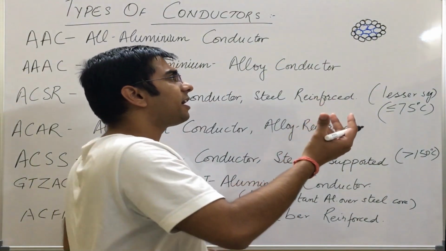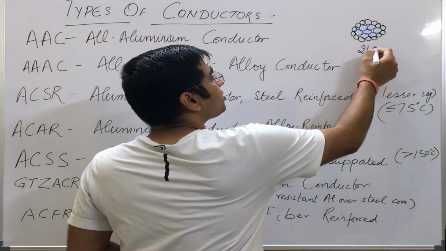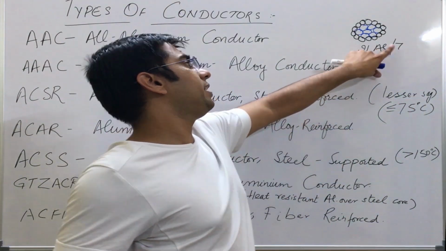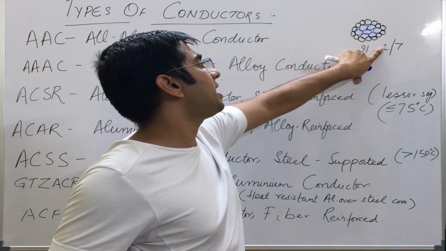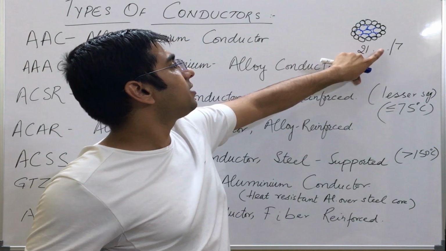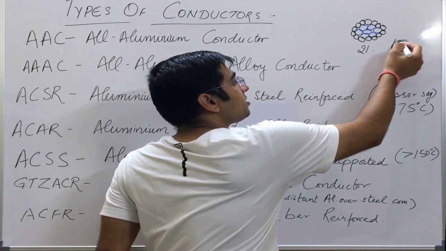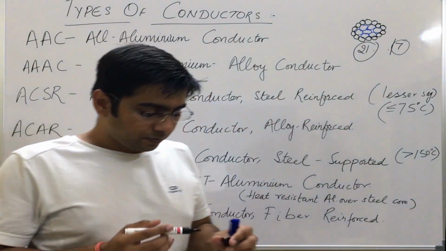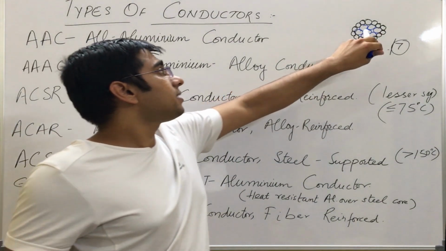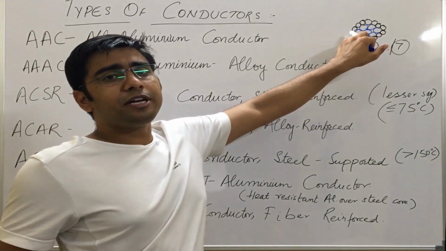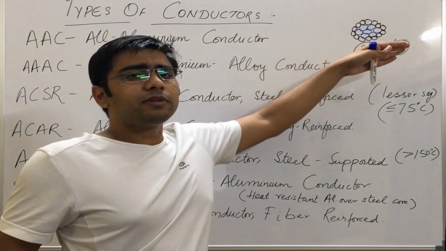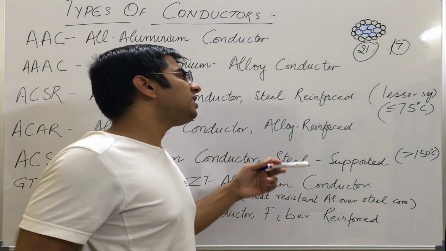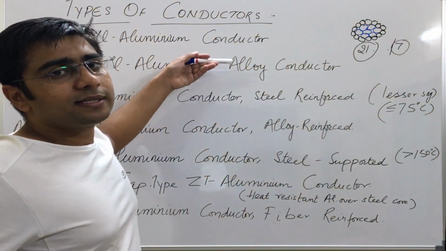And let us say if in a conductor we have 21 aluminum strands and 7 central strands, we can write it like this, 21 Al/7 St, or simply 21/7, meaning that the central core is made of 7 steel strands and the conducting part is made of 21 aluminum strands. As we know that steel has higher resistivity as compared to aluminum, most of the current will flow through the aluminum part only. So the conductivity of this conductor is comparable to its predecessors.